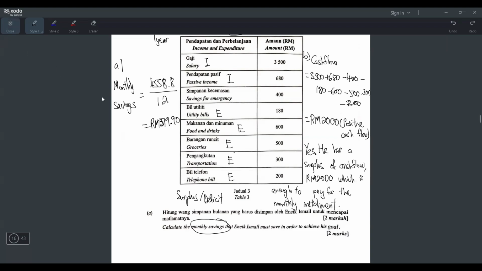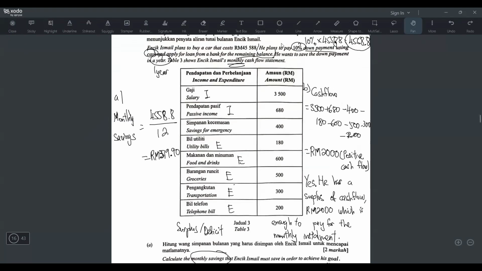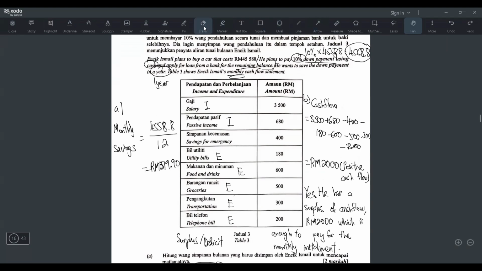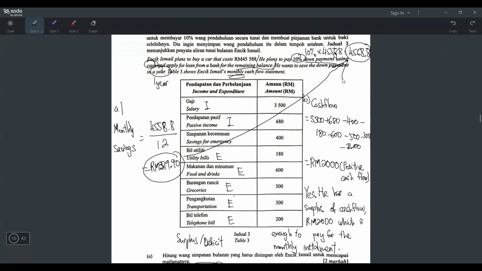Ini cara dia. Okay, and also I want you to think about this. The first year he only saved for the down payment, which is 4,000. If he saves this amount monthly, then in 1 year he can pay for the down payment, right? But if you think about it, his cash flow is 2,000.